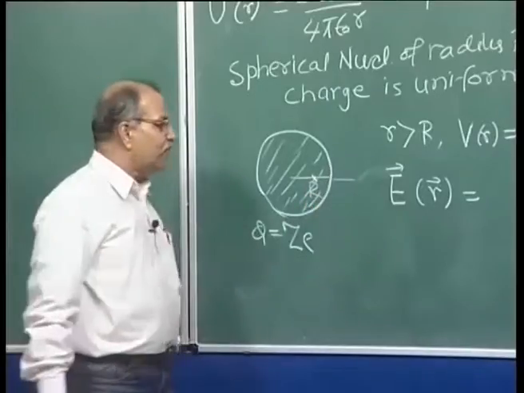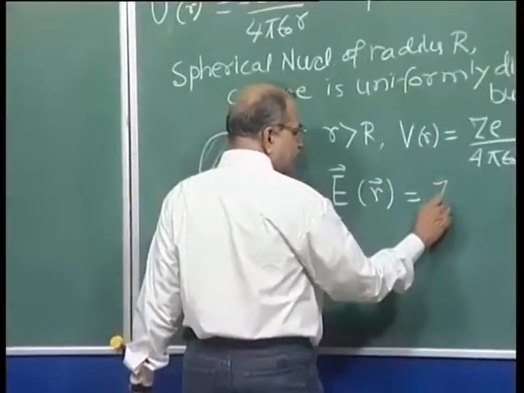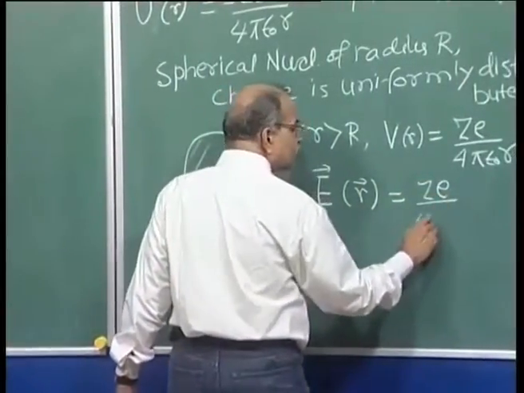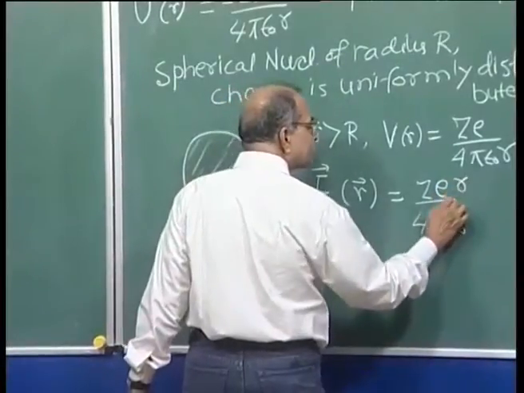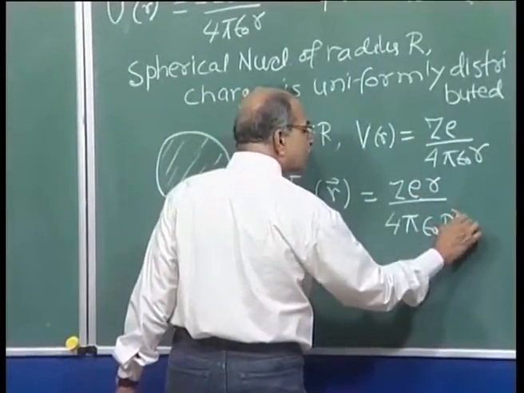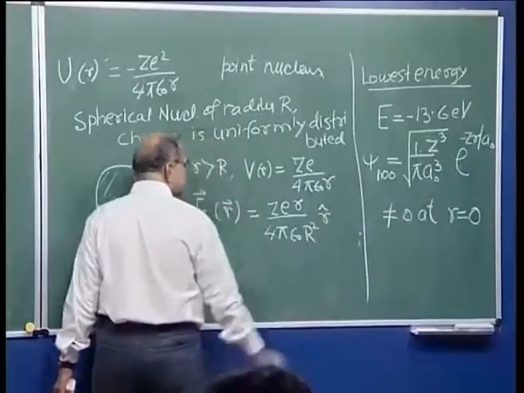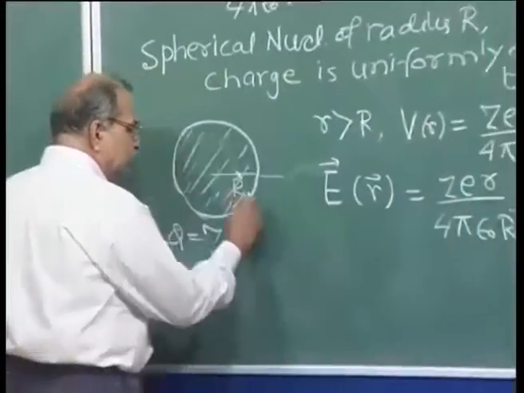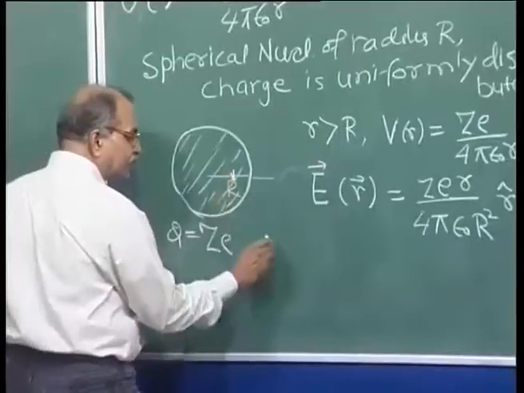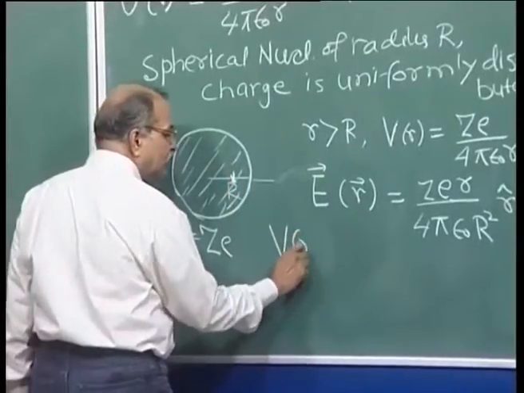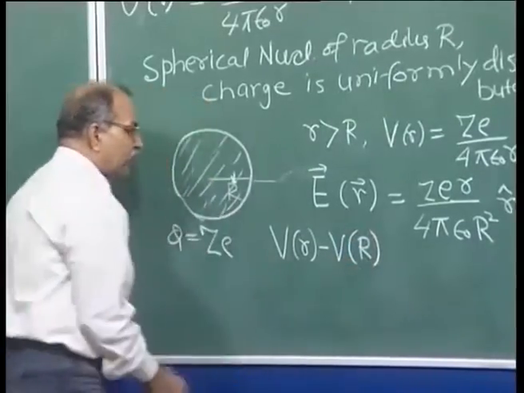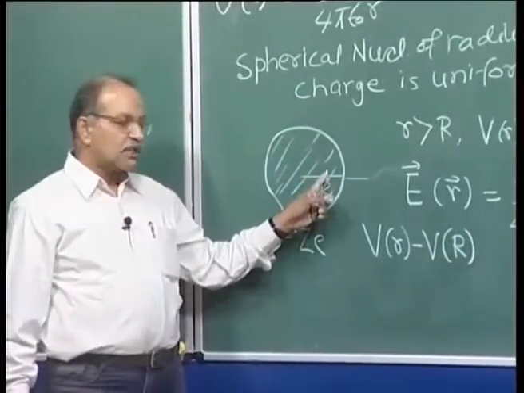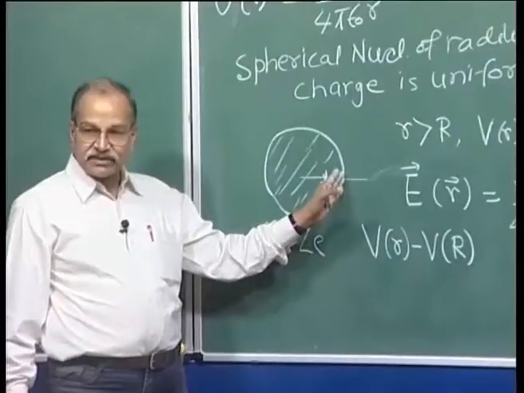So, what is the electric field? Ze, total charge, over 4 pi epsilon naught, and then r here and capital R square here and r cap here. So, the potential here at some point r: V at small r minus V at capital R. I am taking the potential difference between some point inside and the surface, right.